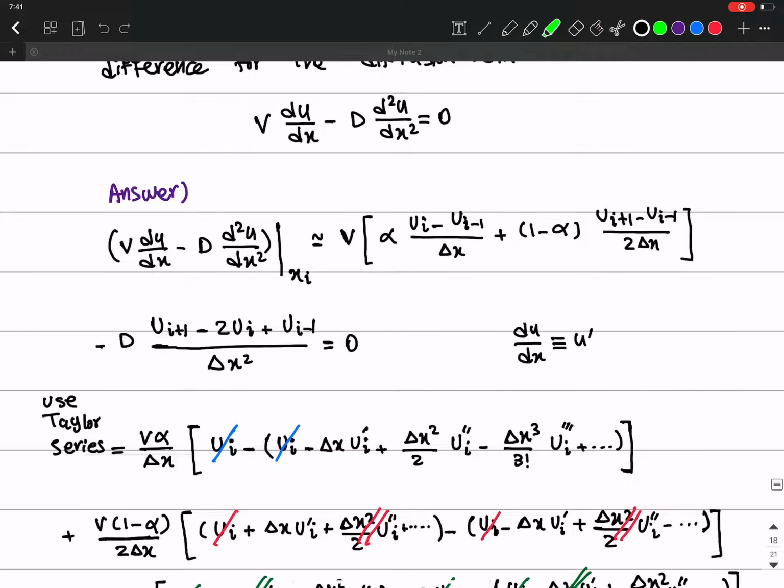Then in order to find the truncation error, we used Taylor series. We first wrote the terms that had alpha in them. For this term, u i minus 1, we wrote it here.